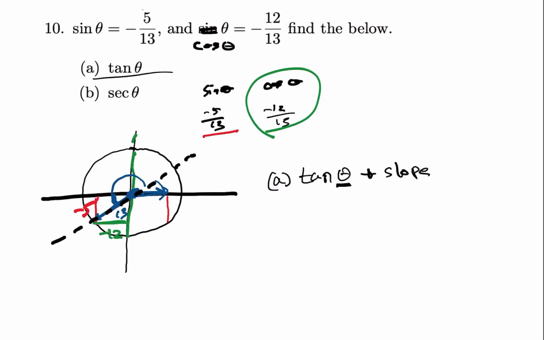So we can start from this point, we go up this much, and we go right that amount. So it's up 5 over 12. So this is the tangent value.